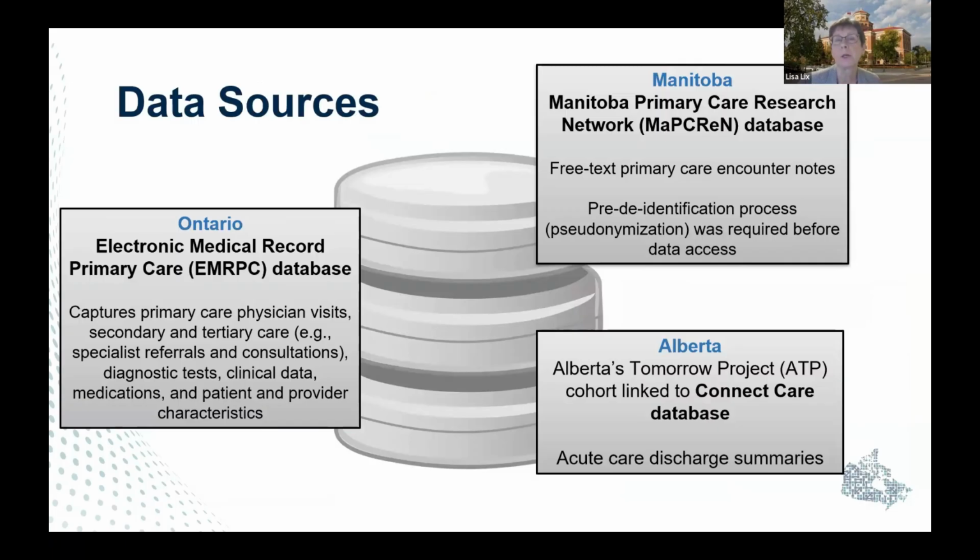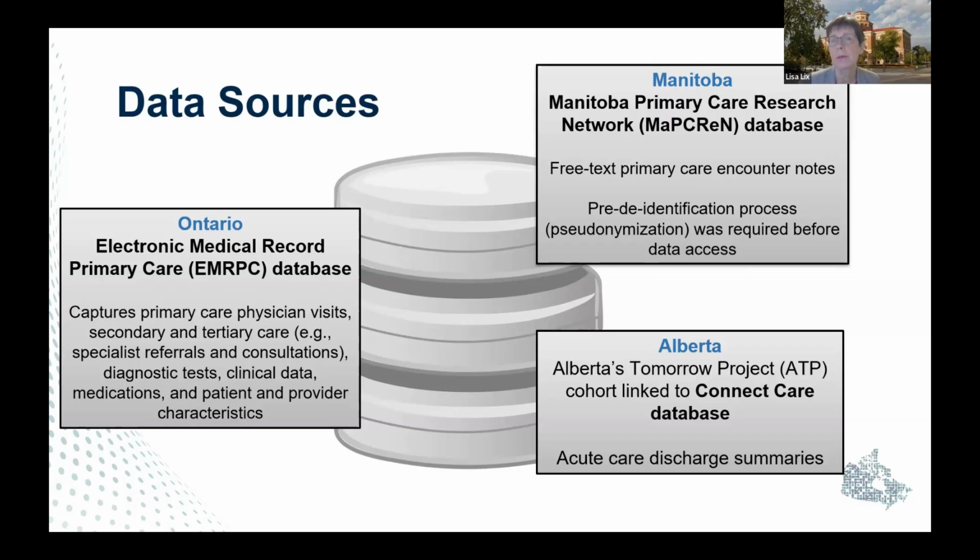In Manitoba, we've worked with CPCSSN data, the Canadian Primary Care Sentinel Surveillance Network, and in Manitoba, that's MaPCRIN. This is free text primary care data. It's important to note that it's already been anonymized. So given that we're working with sensitive health information, we're dealing with different privacy environments in each of the provinces.